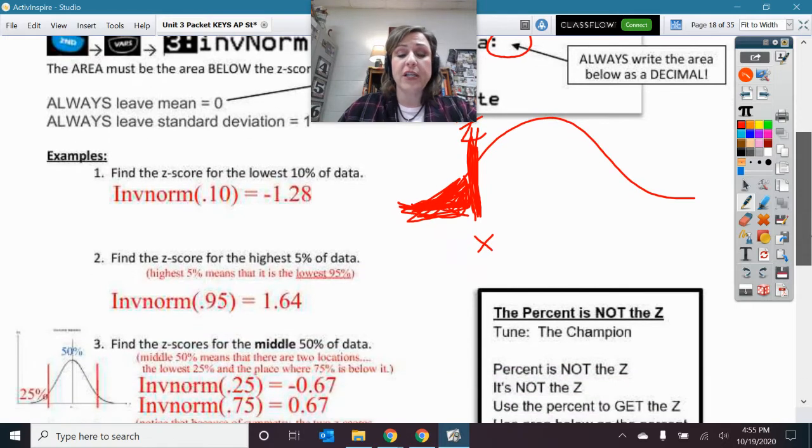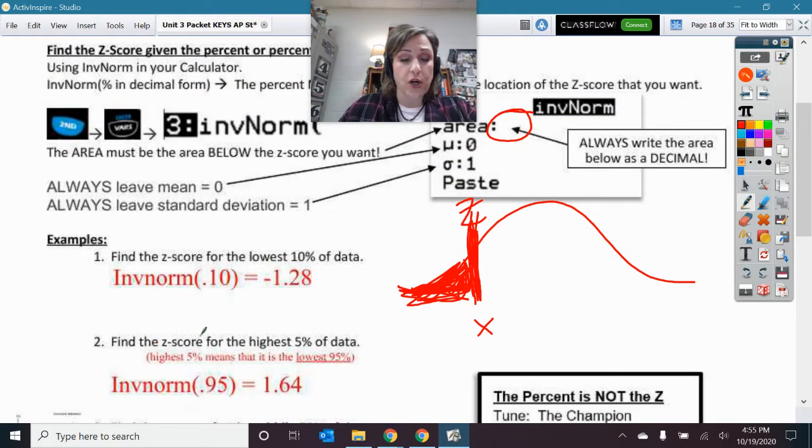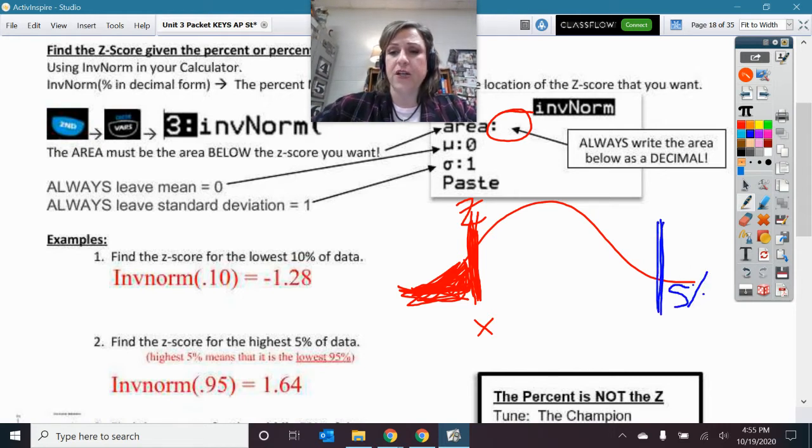Okay, so look here. Find the z-score for the highest 5% of data. This would be the highest 5%, so I've got the highest 5% of data up here, and I want to know the z-score at that spot. Our calculator is not going to do the highest 5%.